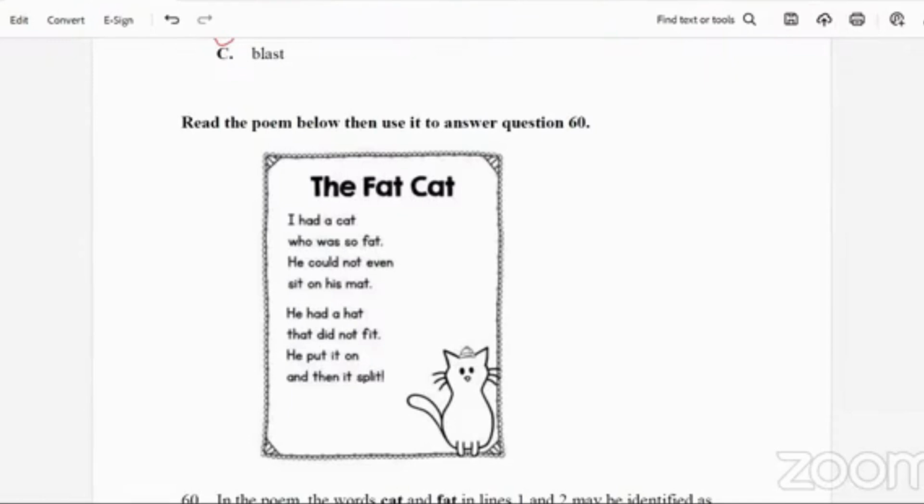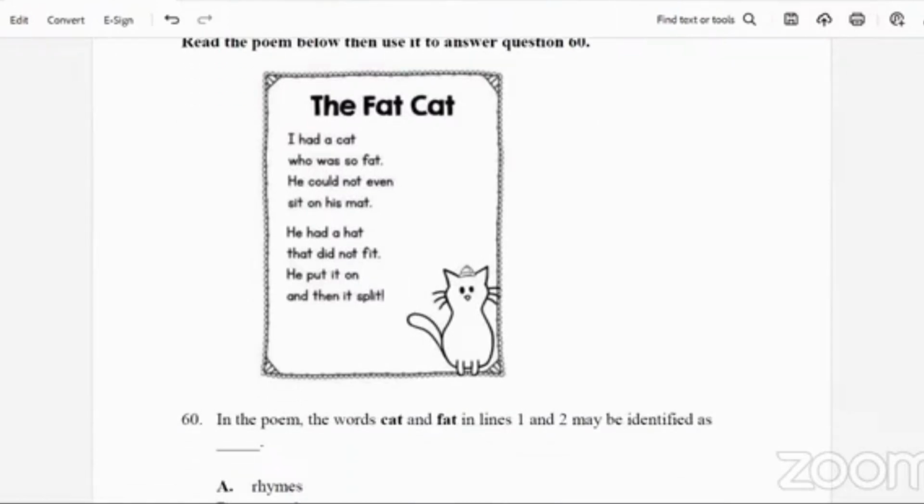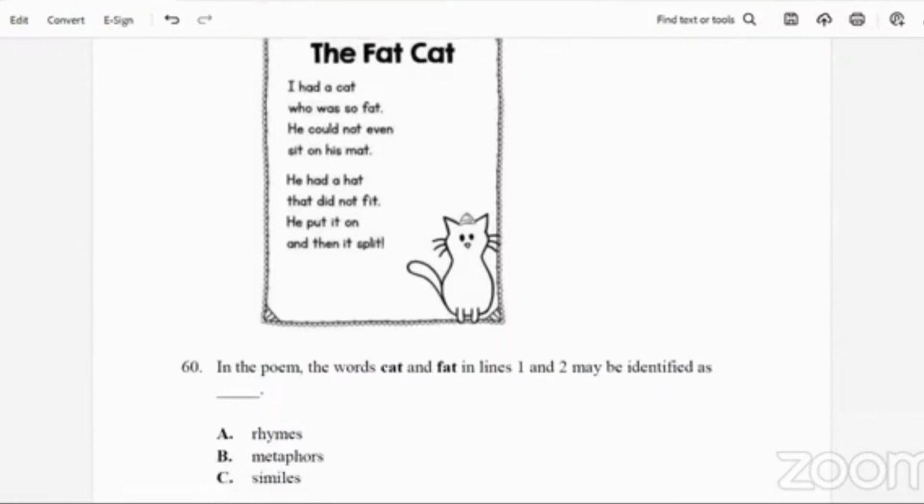He had a hat that did not fit. He put it on and then it split. In the poem, the words fat and cat in lines 1 and 2 may be identified as rhymes, metaphors, similes. And of course, fat and cat, those are rhyming words, so the answer is A.